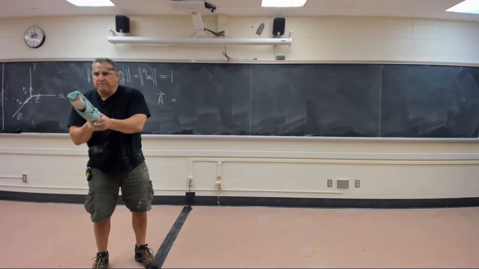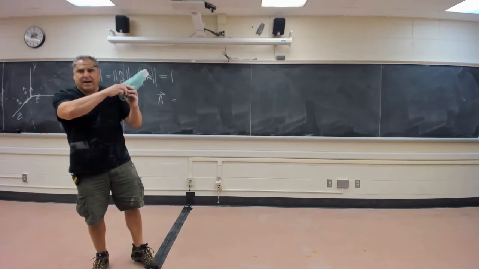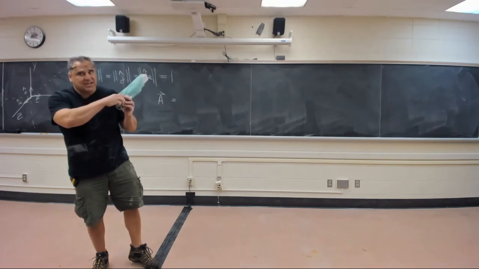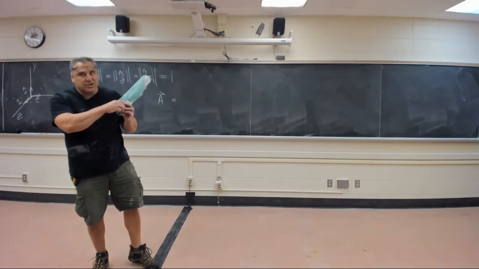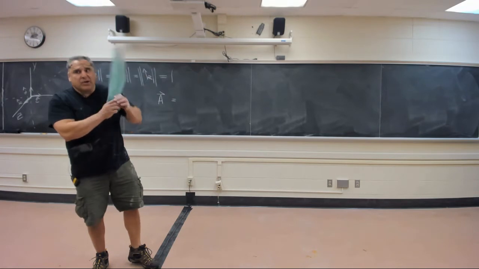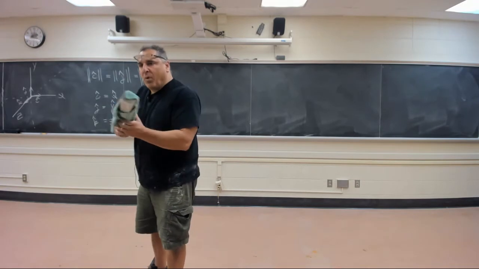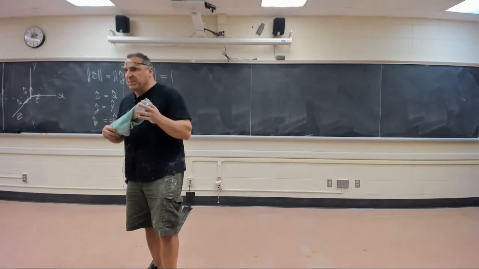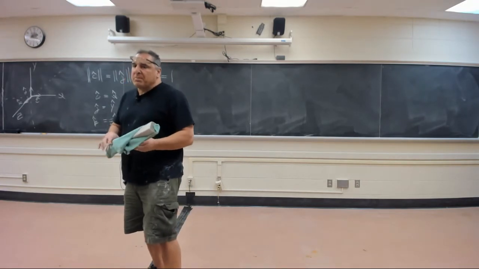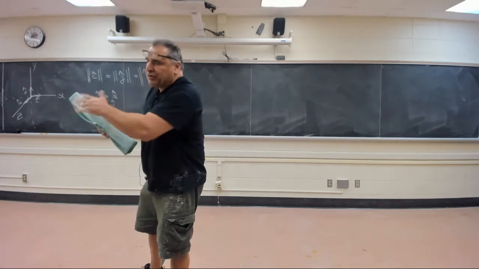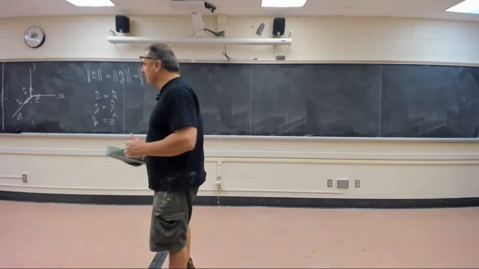Comes out at you, vector. Goes back this way, it's still a vector. Same size vector. Its size doesn't change, but its direction changes. These are different vector quantities, depending where it's oriented and how long it is. But if it's the same length, the direction makes it a different vector, so to speak.